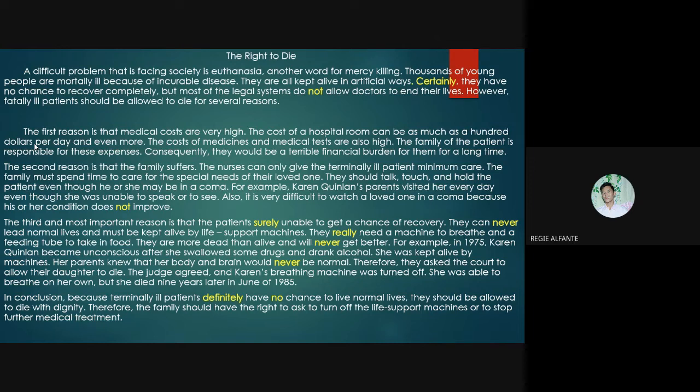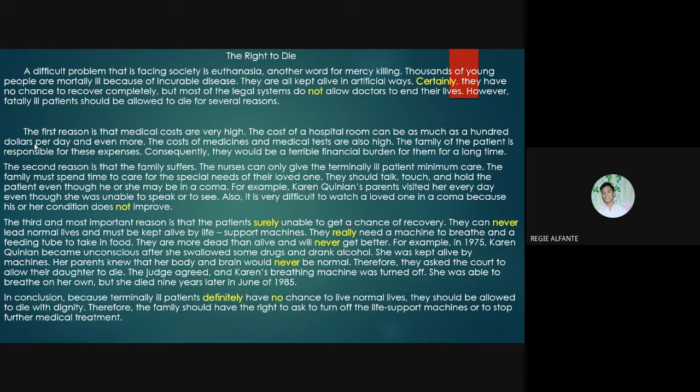So "never" here negates that the patients live normal lives, meaning the patients have no possibility to live a normal life.